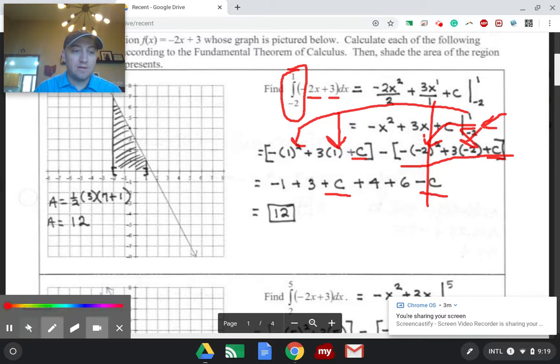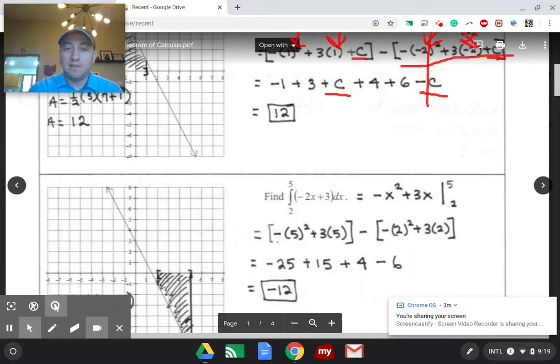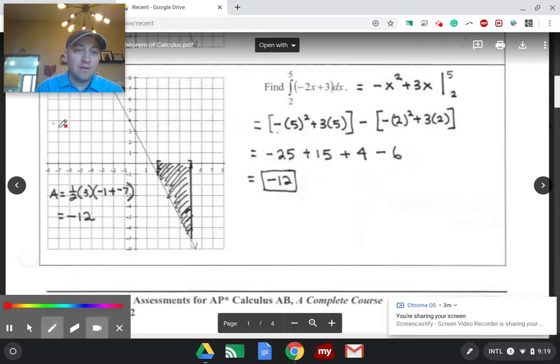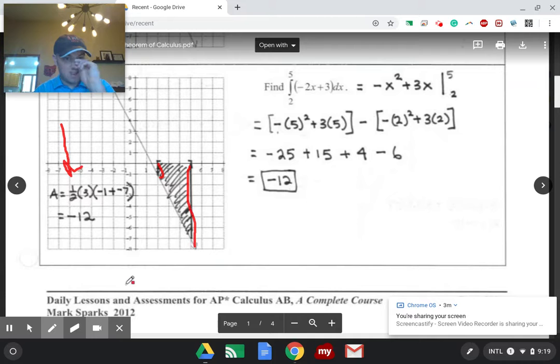Going down here to this next example, it's basically exactly the same thing, just changing the integral limits. In this case, we're looking from 2 to 5. Notice when they use the area of a trapezoid again to find the area, the lengths of the bases are -1 right here and -7. When I add those up, it's -8.